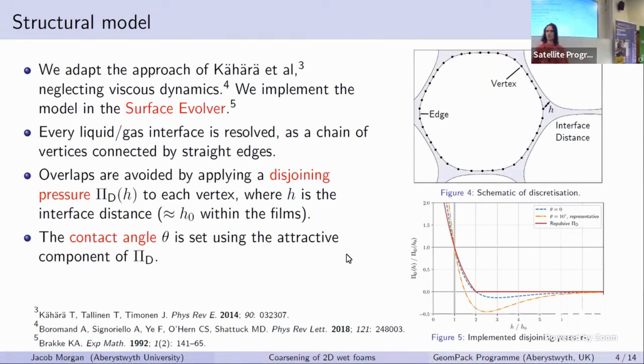And that's the equation that in effect we use within the simulations. So given a toy model for the disjoining pressure, then that can be obtained.